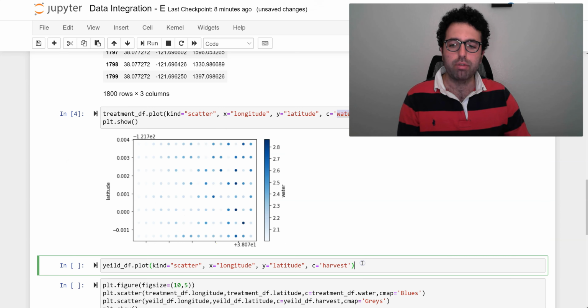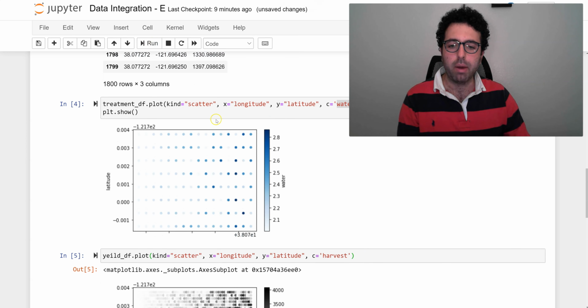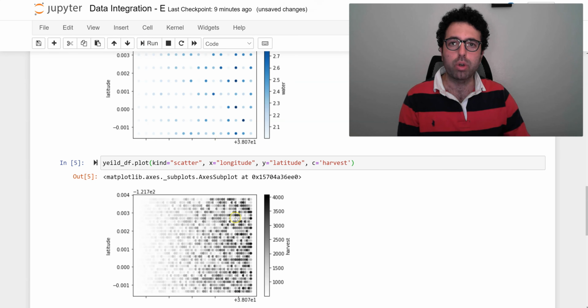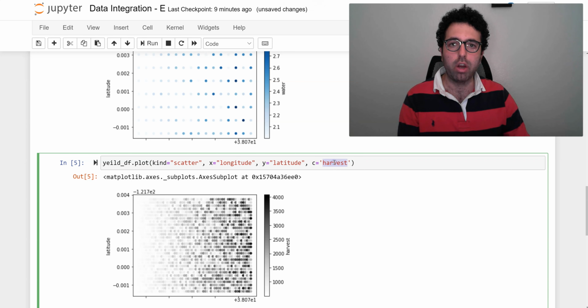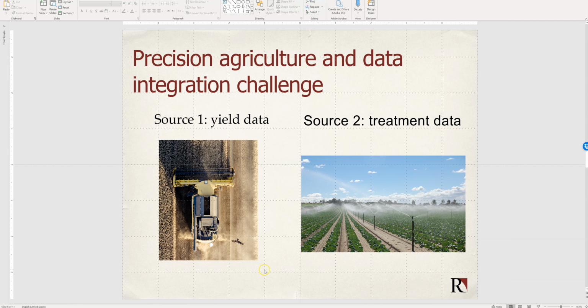And also we can do the same thing for the yield DF, and now we will see that there are many more data points for the yield DF, and the points that have higher harvest also show darker points. To put this into perspective, the data comes from a field something like this.